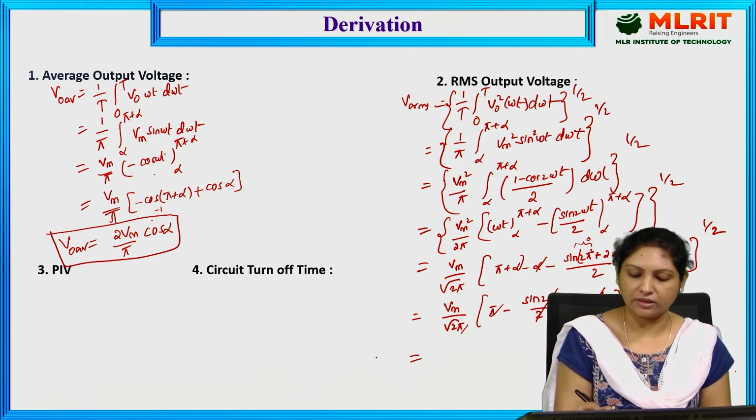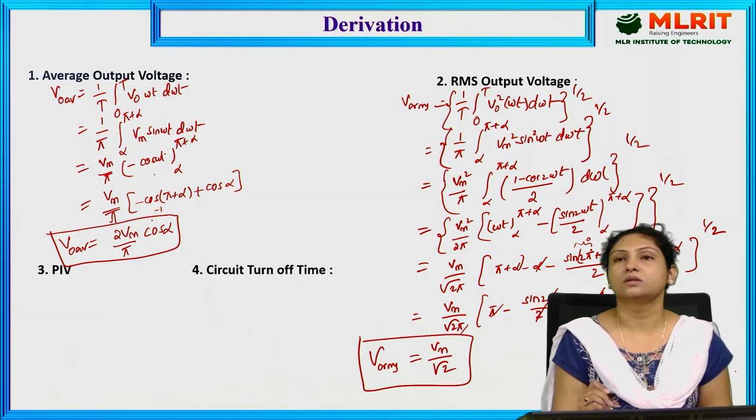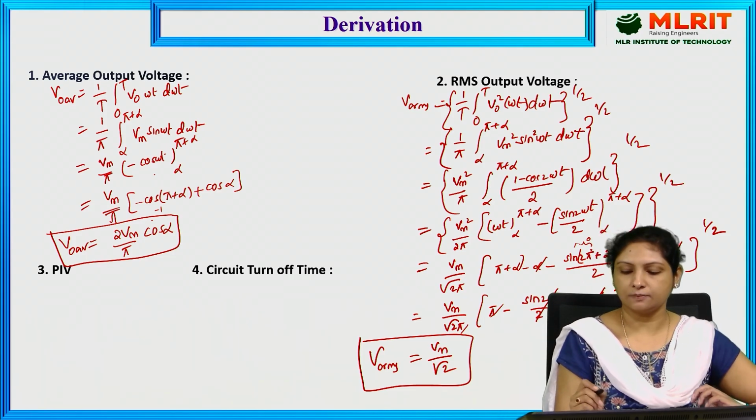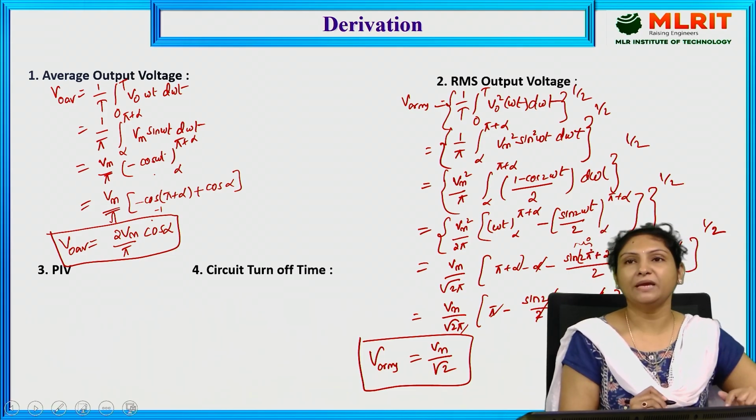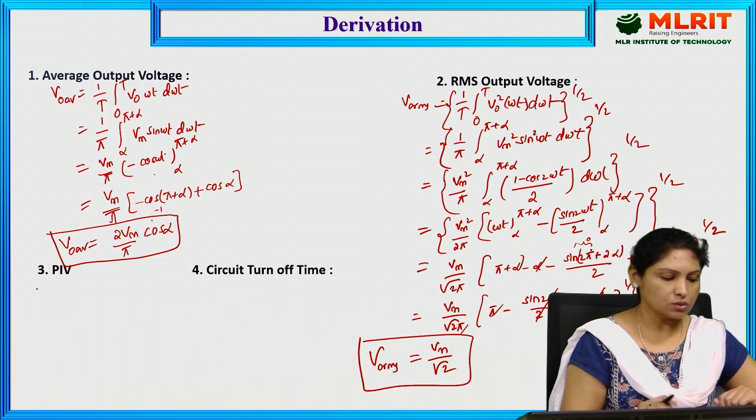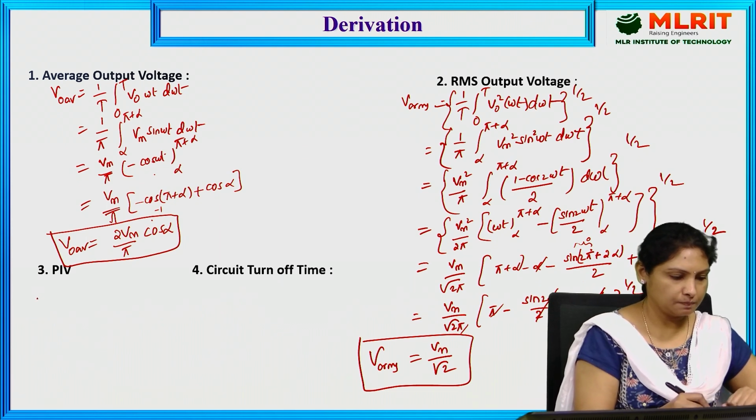In that case, finally we have the V0 RMS expression as Vm by root 2. These are very important formulas. And coming to the peak inverse voltage, it is Vm here.